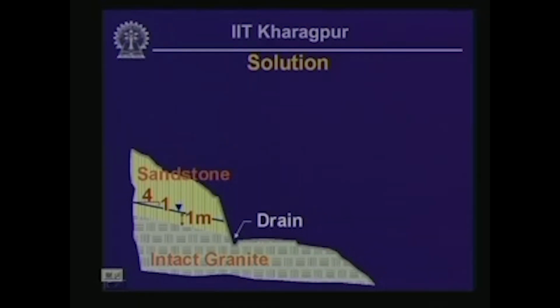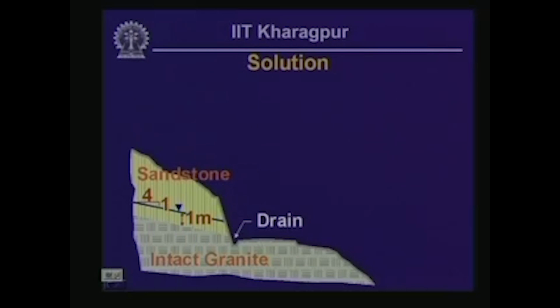Now, this was the problem: we have a road cut which intercepts an unconfined aquifer within a sandstone bedrock. The underlying intact granite is relatively impervious. The question I asked was how much flow will be intercepted by the drain that runs parallel along the left edge of the highway shown on the cross section in the sketch.